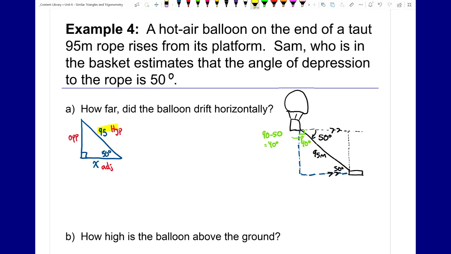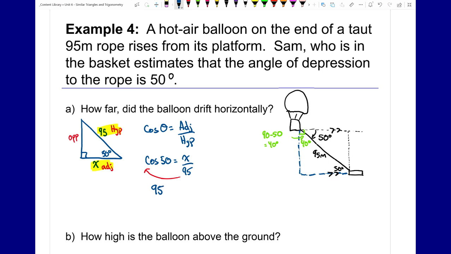So in this case, the two sides I'm going to be dealing with are A and H, the adjacent and the hypotenuse. That would be cosine. So cosine of an angle is equal to, not opposite, adjacent over hypotenuse. So cosine of my angle of 50 is equal to x over 95. This one works out nicely because I can bring the bottom up and multiply.